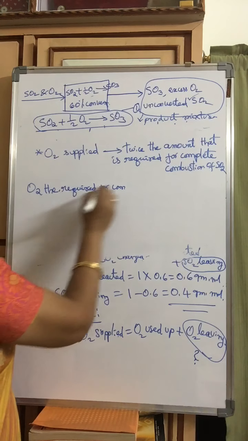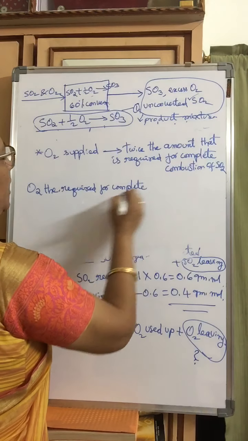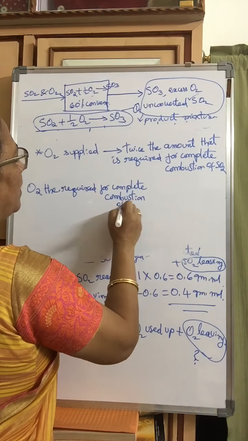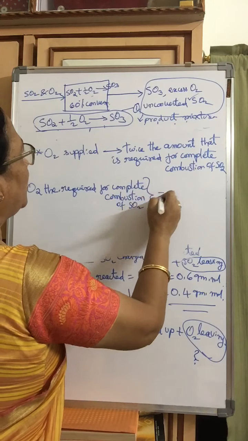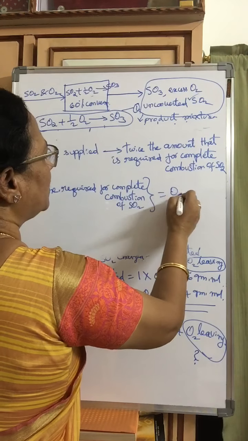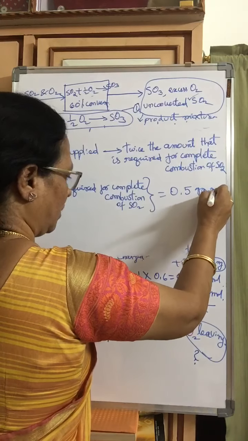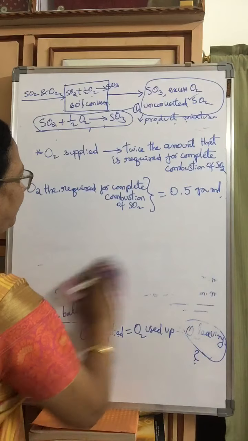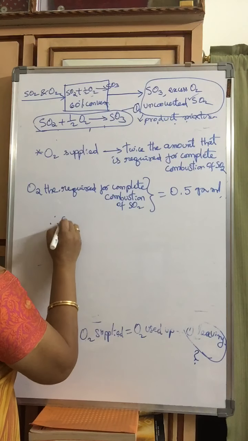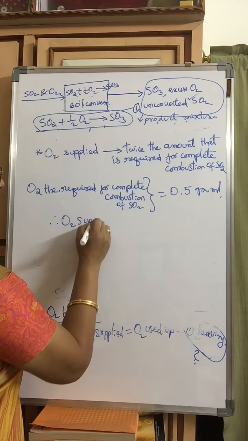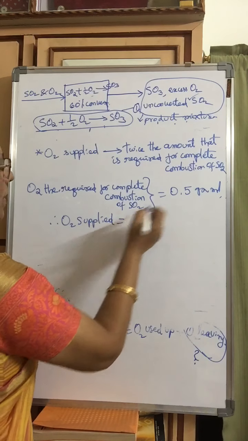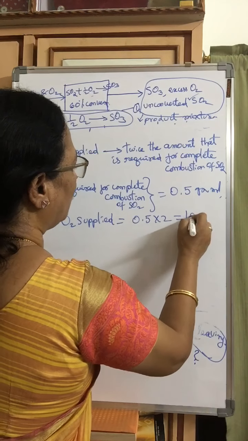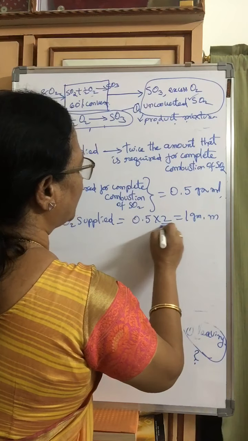Half mole, that is 0.5 gram mole. Therefore oxygen supplied is twice the amount, that is 0.5 into 2, which is 1 gram mole.